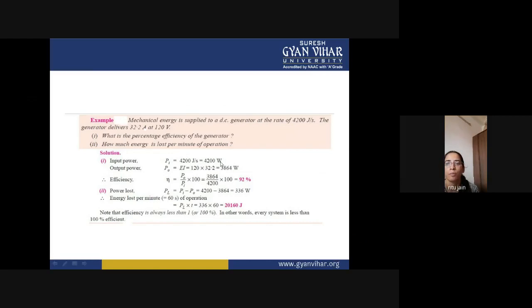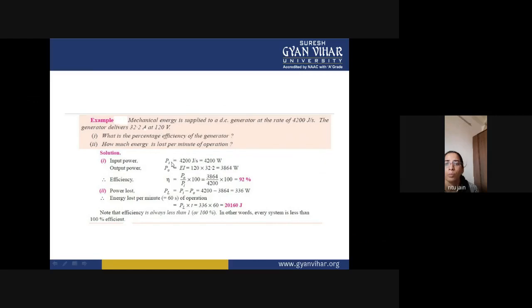Now we have to find out, after supplying this much power, how much power is generated and what power you will get in the output. After supplying this power, you are getting this much current at 120 volt.